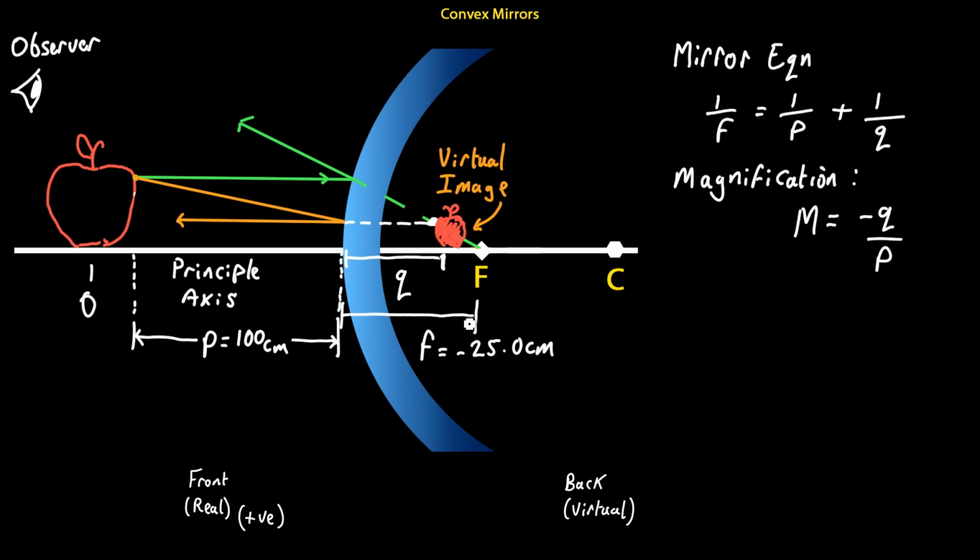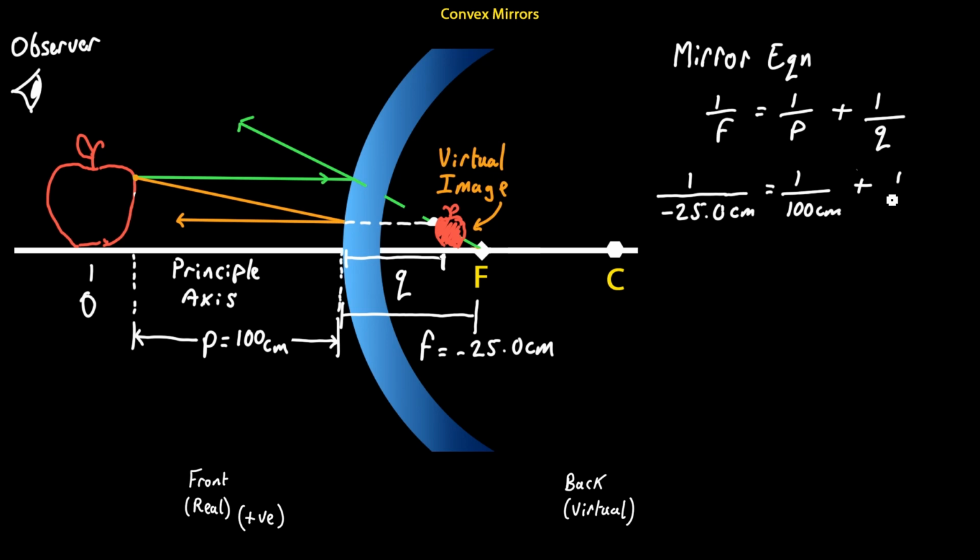So let's use the mirror equation to find the exact location of our virtual image. So the mirror equation is 1 divided by the focal length is equal to 1 divided by p plus 1 divided by q. So the focal length is a negative 25 centimeters. The distance to the mirror from our object is a positive 100 centimeters. And we're trying to find out the distance to the virtual image, which is q.